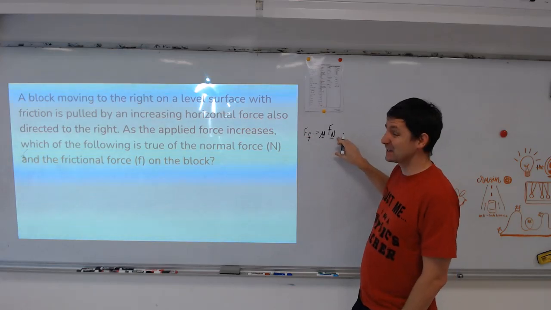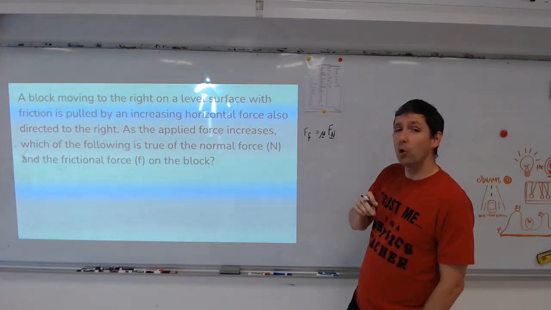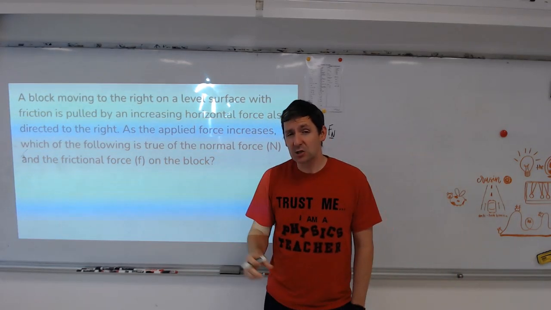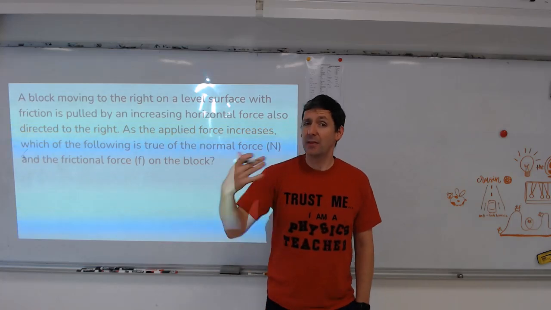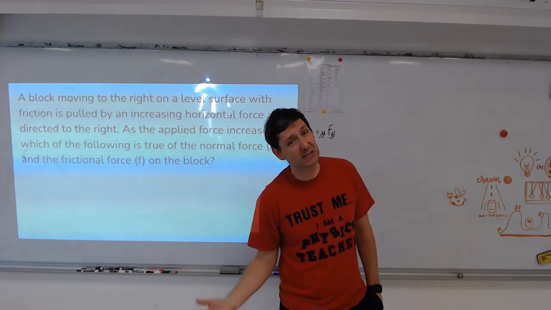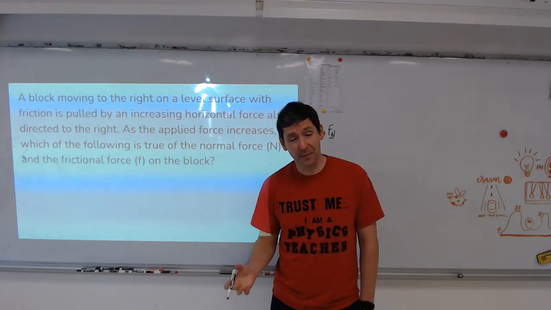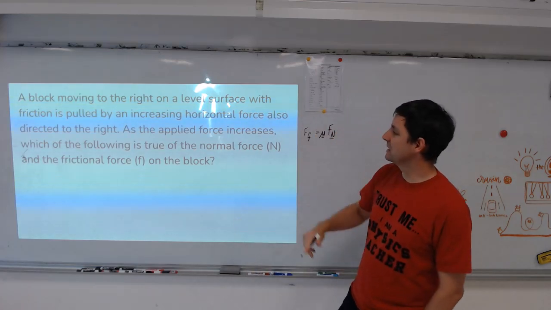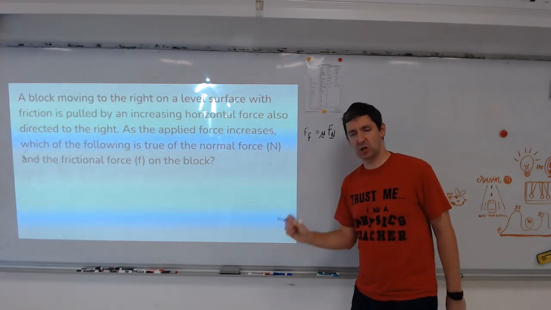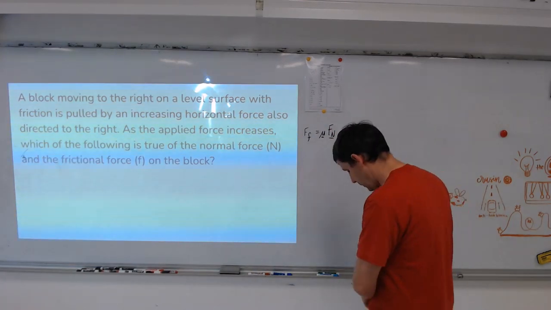That's not going to change. The coefficient only depends on the two surfaces. So if the coefficient doesn't change and the normal force doesn't change, then the frictional force cannot change either. And so therefore, the answer is that neither of them will change. They must both be constant.